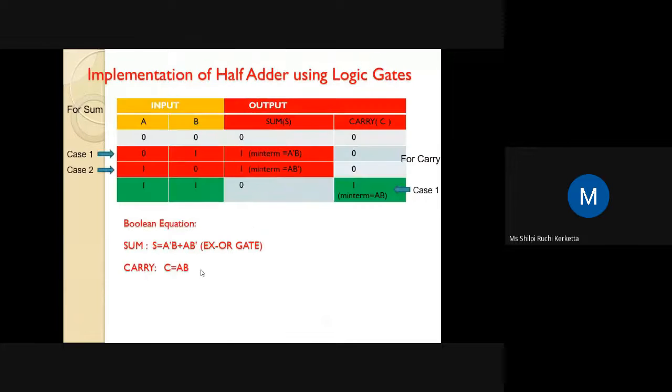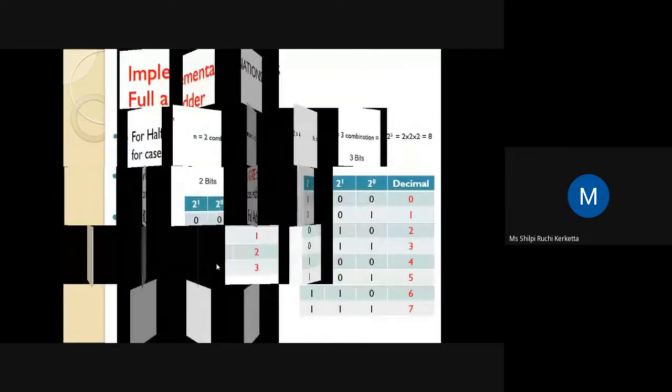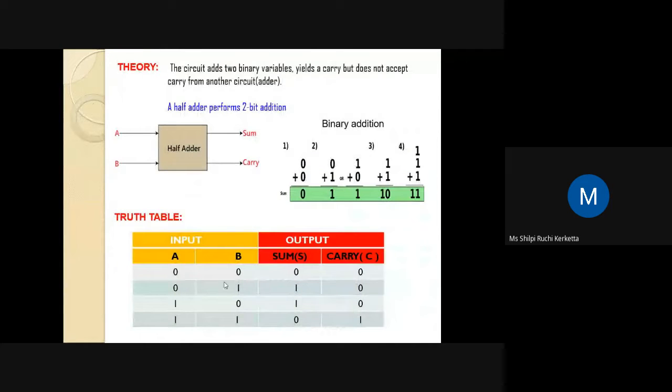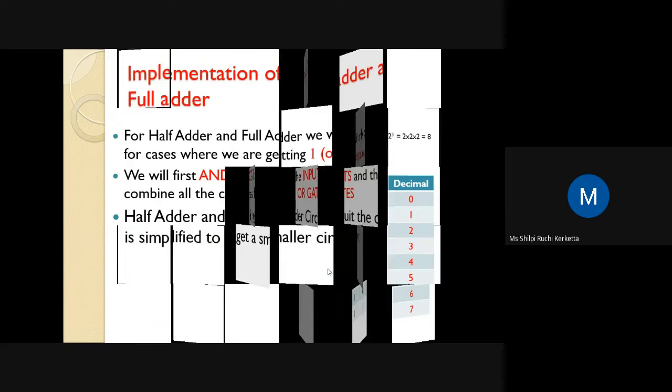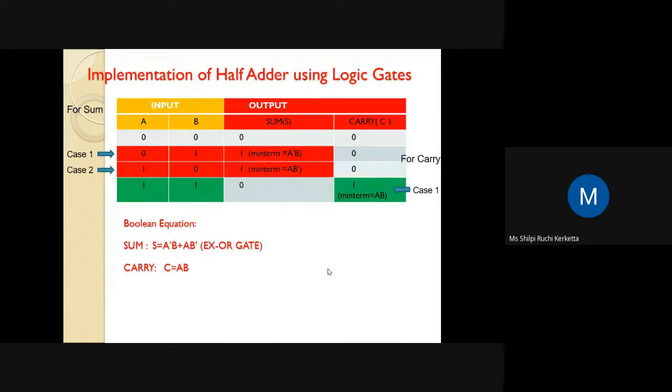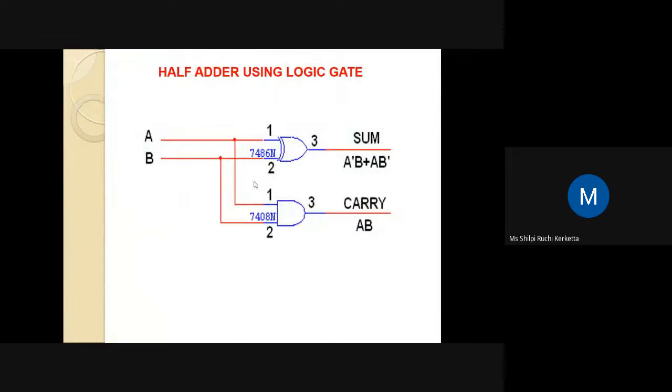We have to just get this table. We have to get this table. So whatever you do, these will be inputs A and B, and the outputs will be sum and carry, and these are the outputs we should get. Okay. So we are making this through logic gates. So here is our input A and B. So here we have used an XOR gate for our sum, and we have used this AND gate for our carry.